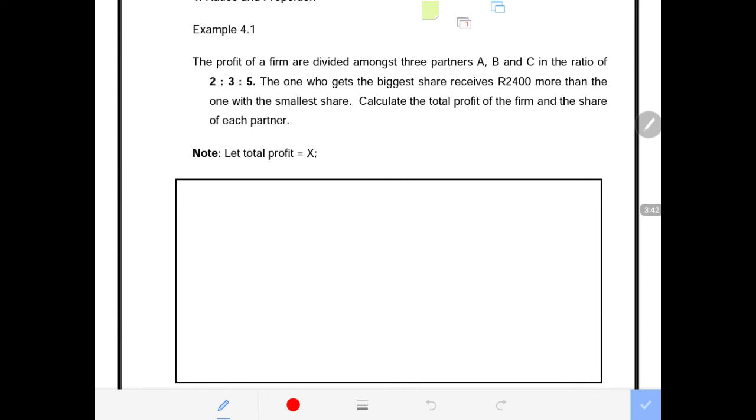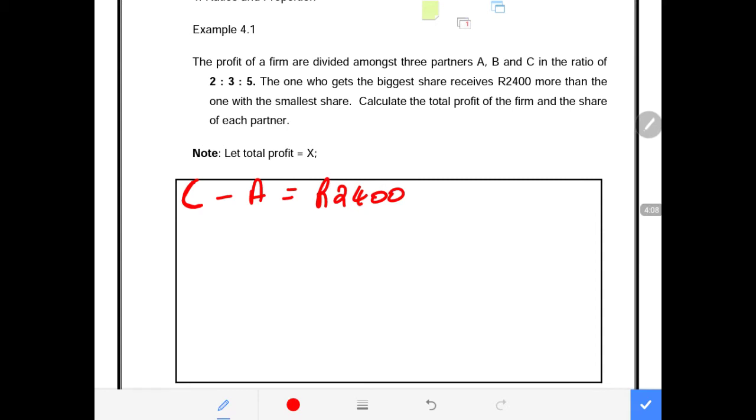So the scenario says the one who gets the biggest share receives how much? 2,400. That means the one with the biggest share, which is C, gets 2,400 more than the one with the smallest share, meaning the profit of C minus the profit of A is equal to 2,400.